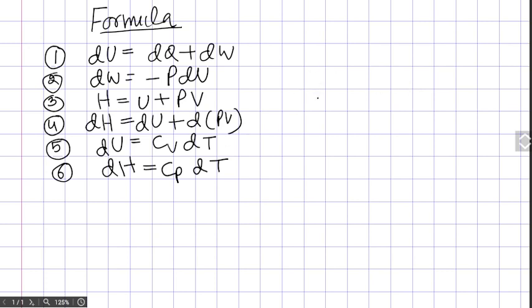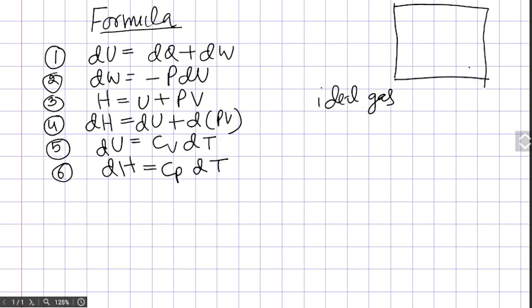If you are using ideal gas, and I already explained to you that ideal gas is when you put a very small quantity of gas in a cylinder, so that molecules are very far away from each other and they don't affect each other.